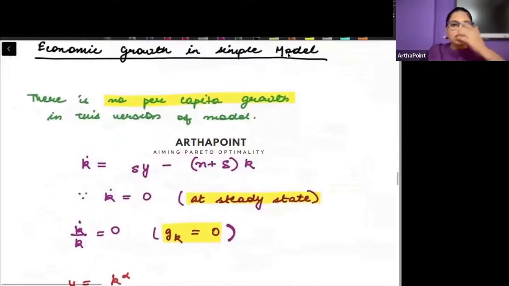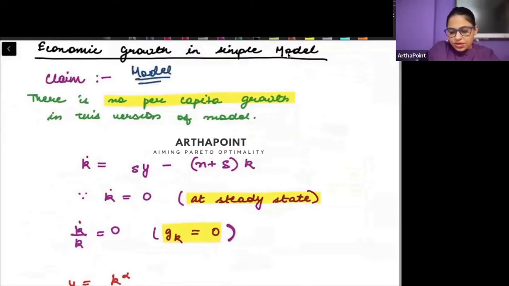Let us talk about growth effect versus level effect. बहुत important है. My claim is that in this model that we have studied till now, क्या model पढ़ा हमने? There were only two things.